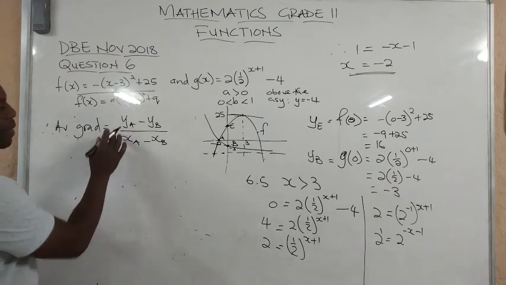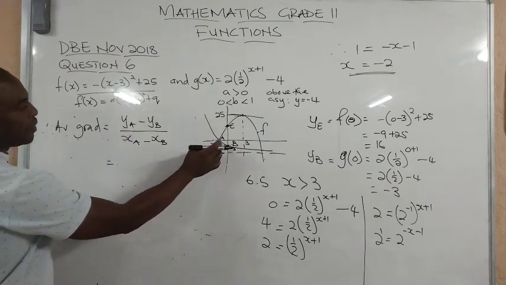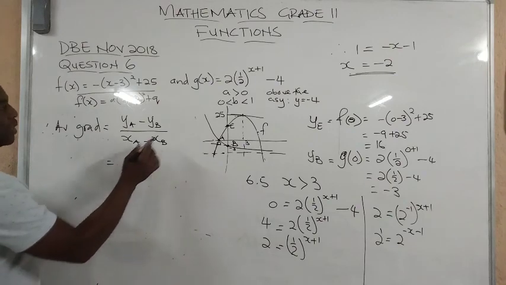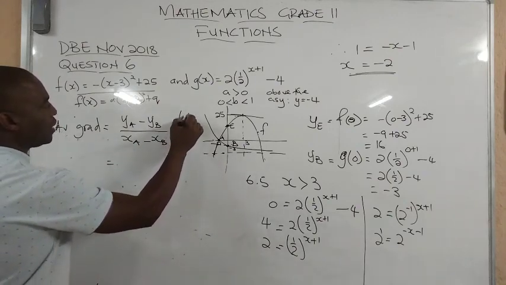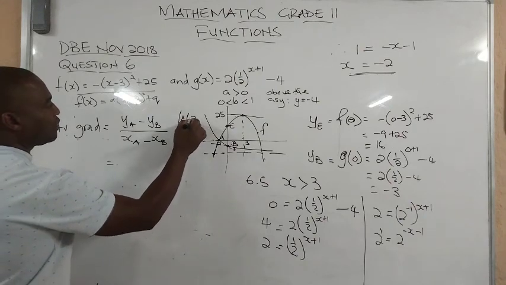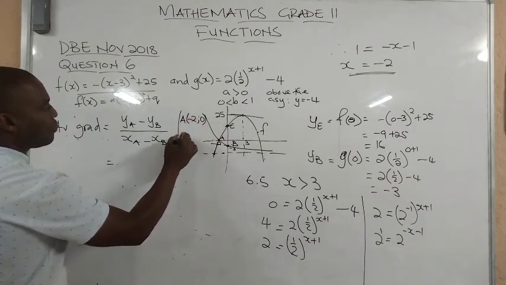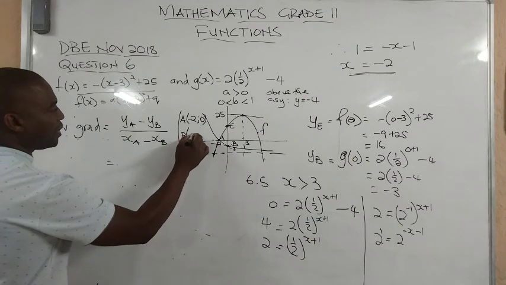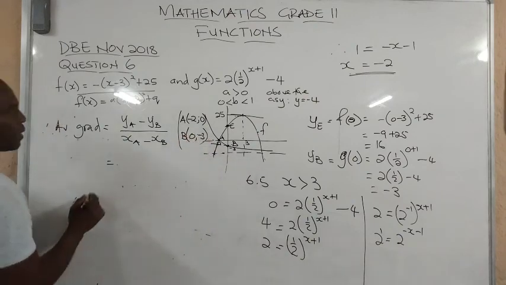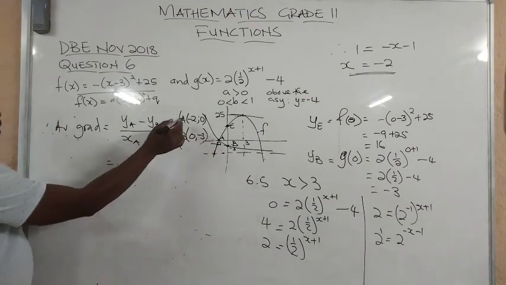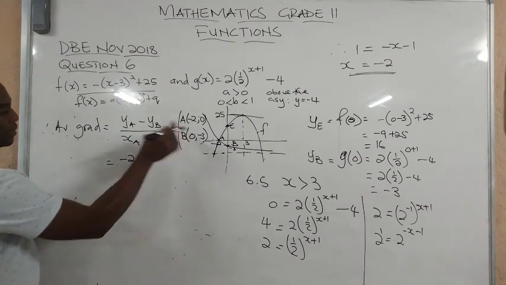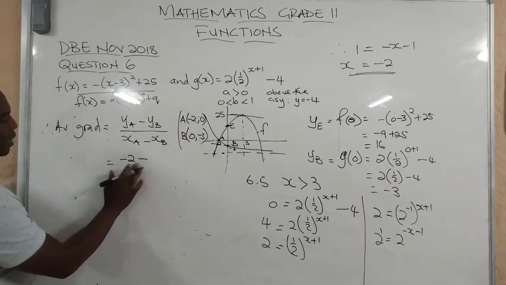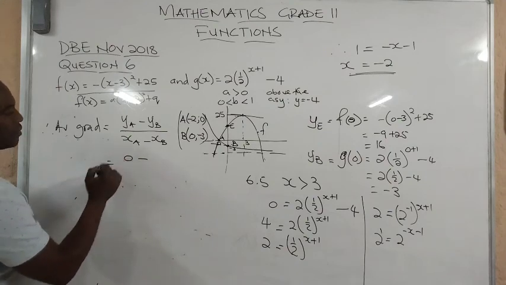So our y at A is 0. Remember, just to write the coordinates. A, we say it's negative 2, 0. B, it's 0, negative 3. So y at A, that's 0 minus y at B, negative 3.